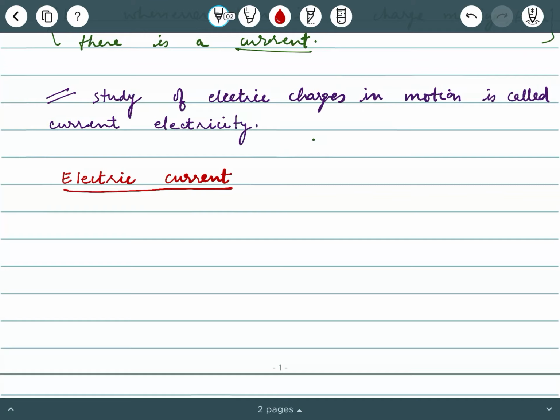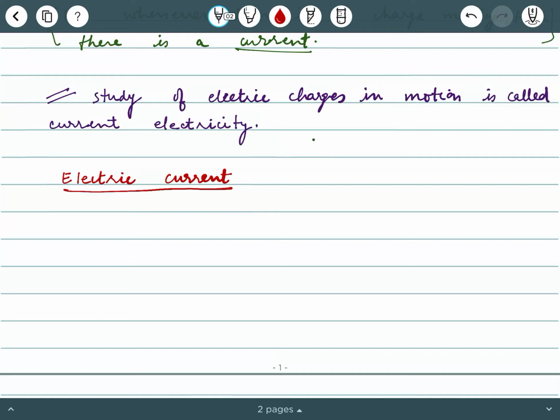Electric current. Fine. So what is electric current? Just a minute back maybe, I told that whenever there is a flow of charge, we say that there is current, right? Then flow of charge constitutes current. Then if we talk about it quantitatively, means if we want to measure that flow, then the measure of that flow can give us the magnitude of current, right?